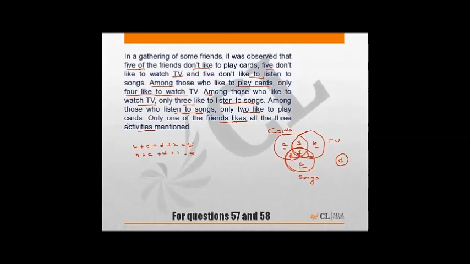Similarly, 5 friends don't like listening to songs. So, not listening to songs would be A plus 3 plus B plus D. So, A plus B plus D plus 3 equal to 5. So, these are the 3 equations we have got with 4 variables. Okay. So, let's see if we can get the answer out of it.